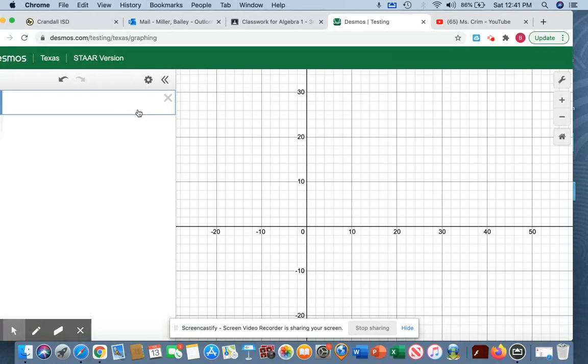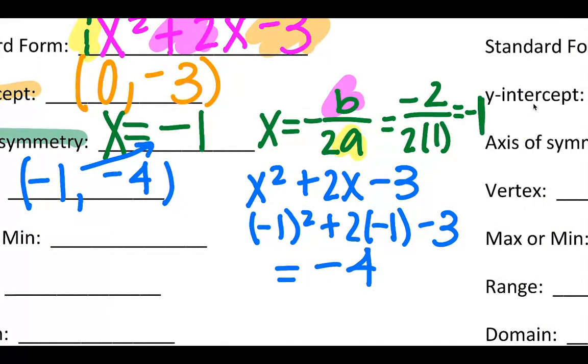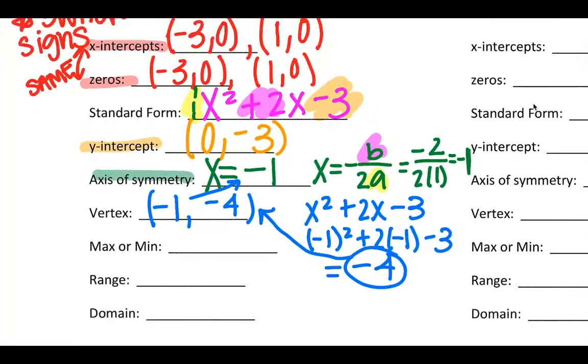So I've got negative 1 squared plus 2 times negative 1 minus 3, and I get negative 4. So that would be my Y value, which is going to go right here. So there's all of that.